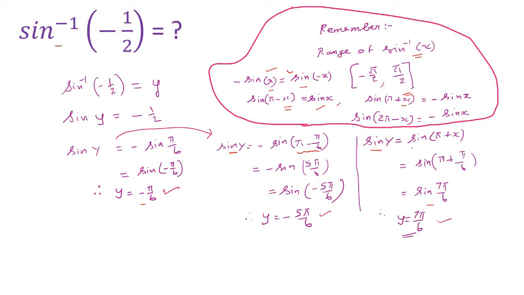The next one: sine 2 pi minus x is equal to minus sine x. So you get this whole thing, minus sine x, as sine of 2 pi minus pi by 6. We have written it already; once again I am just writing here.